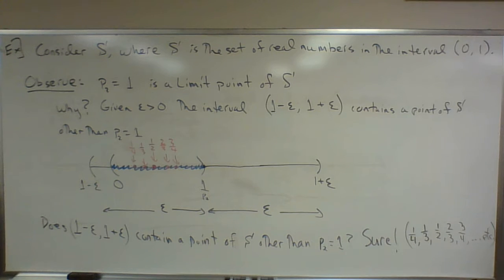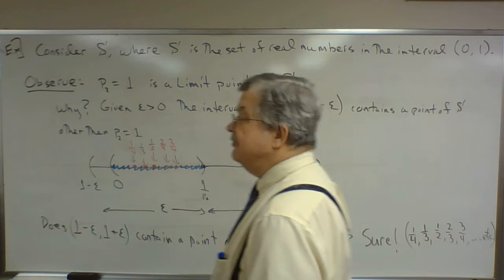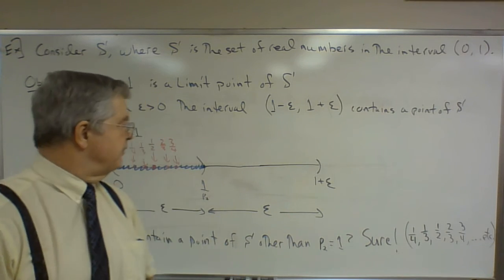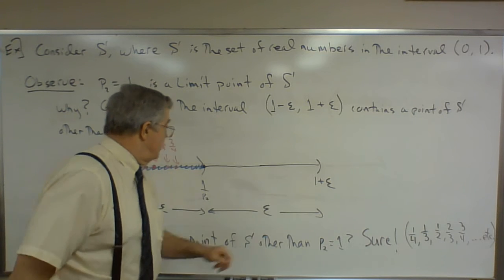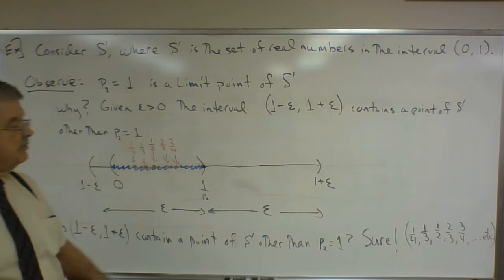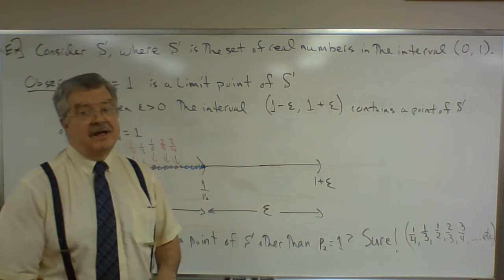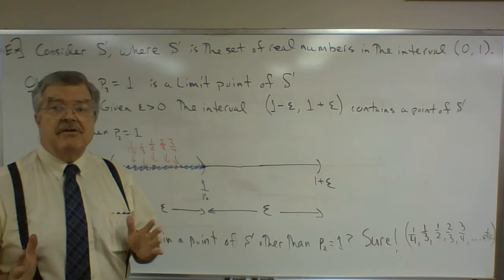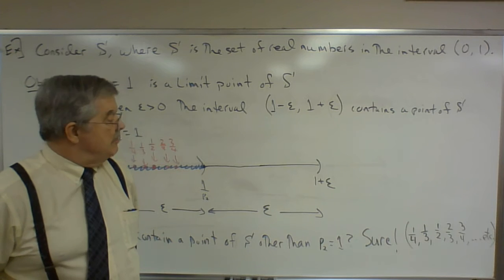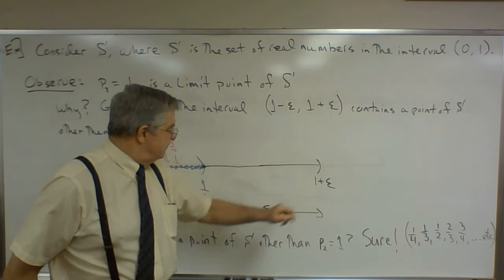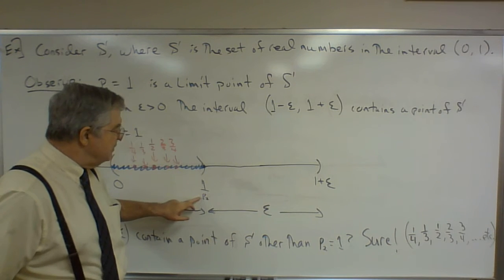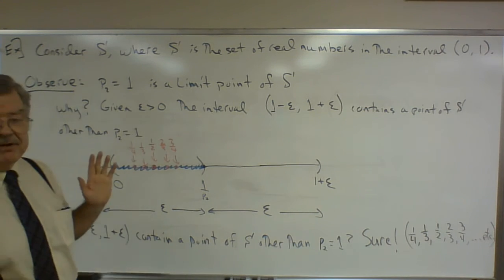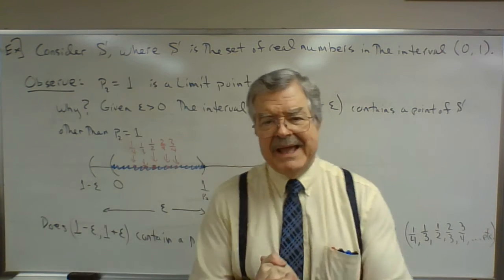So for a really big value of epsilon, the interval from 1 minus epsilon to 1 plus epsilon definitely contains elements of the set S other than the point P2 itself.